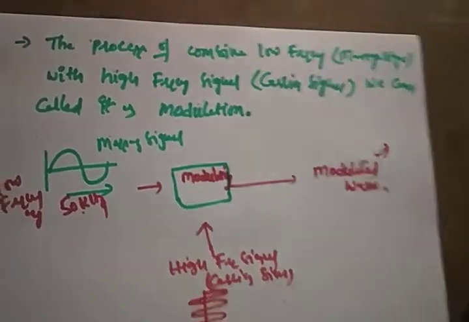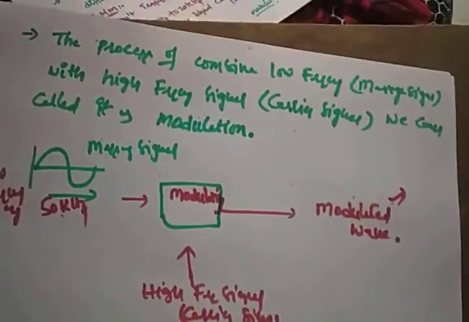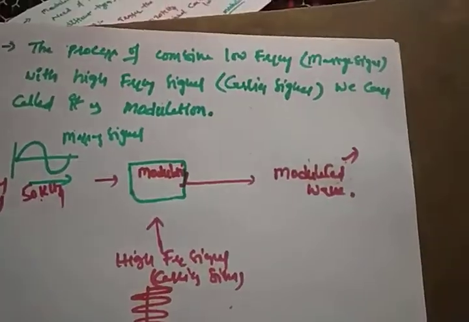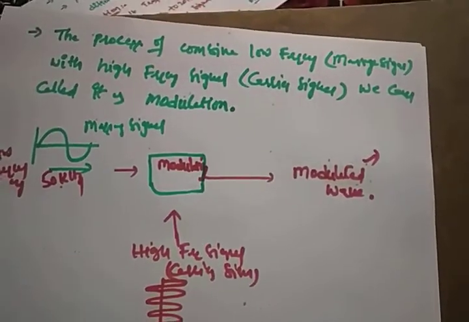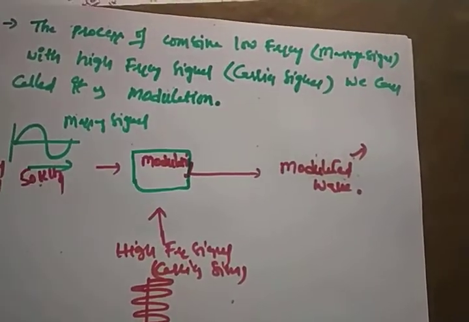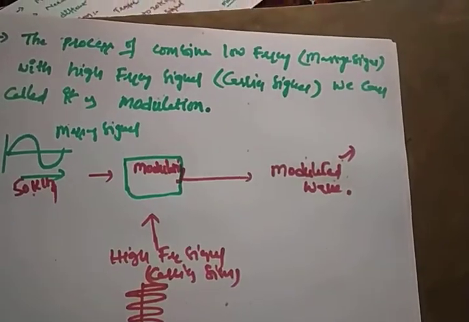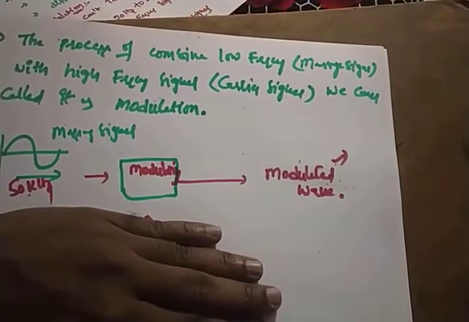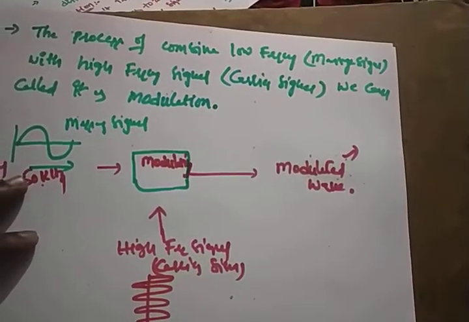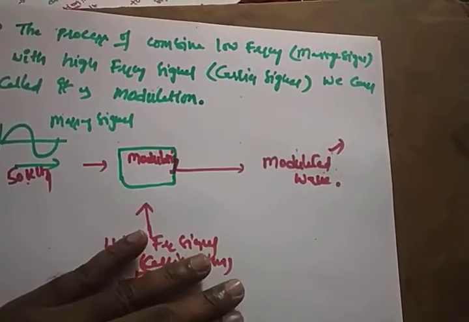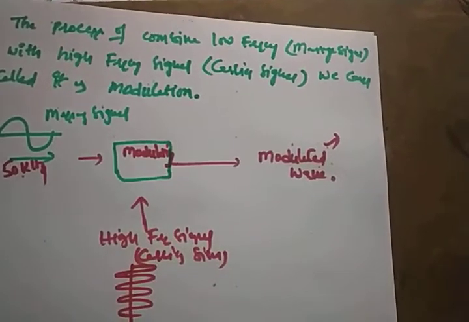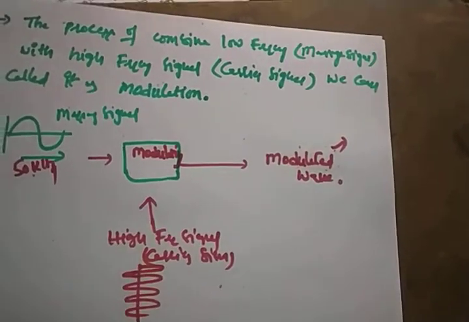Right? So here once again, what are the parts in modulation? Modulation has an input signal, which is called a message signal, that is nothing but a low frequency signal. Without a carrier signal, you can't transfer this for larger distances, right? So we require a carrier signal which has high frequency. High frequency means very less time period, right?